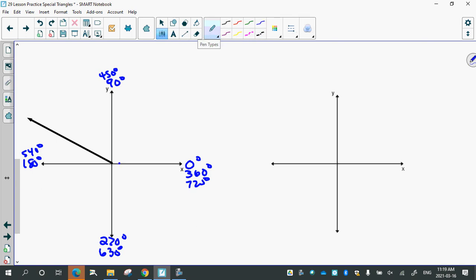So 510 all the way around west. And then alpha is going to be 540 minus 510, which is 30 degrees.